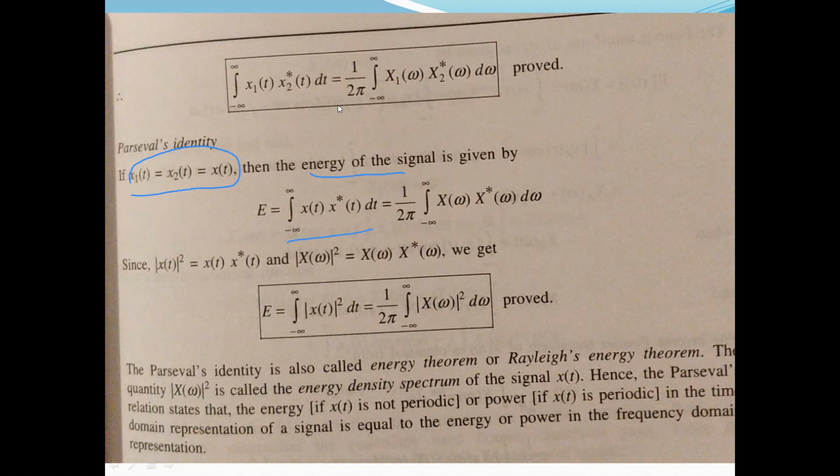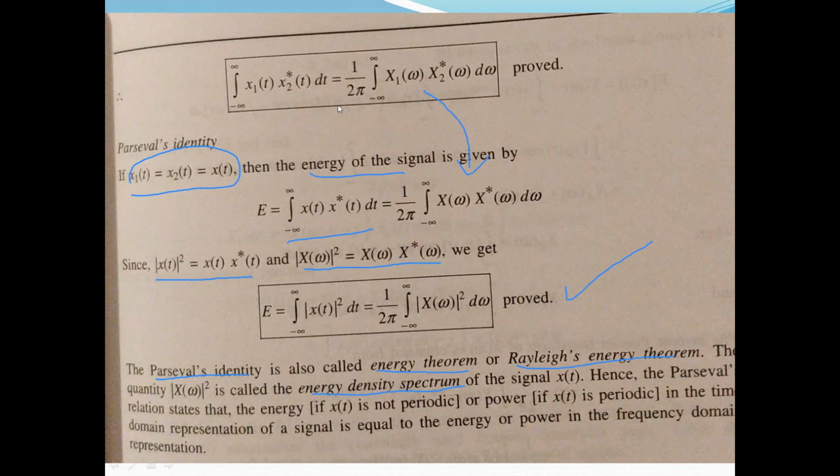Hence mod of x of t whole square will be x of t into x star t, and this will be mod of x omega square. This proves that the energy is equal to this. So Parseval identity is also called the energy theorem or Rayleigh theorem, and mod x of omega square is called the energy density spectrum.